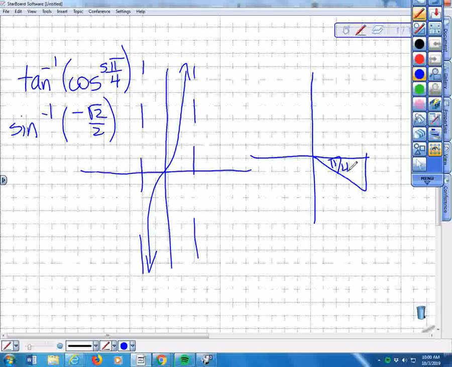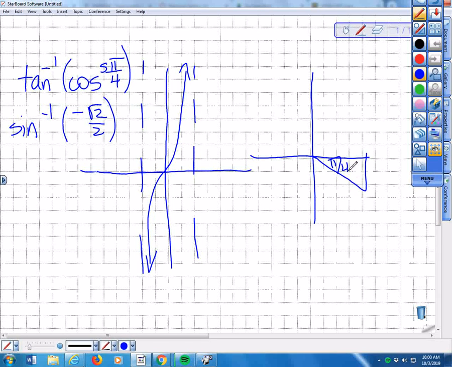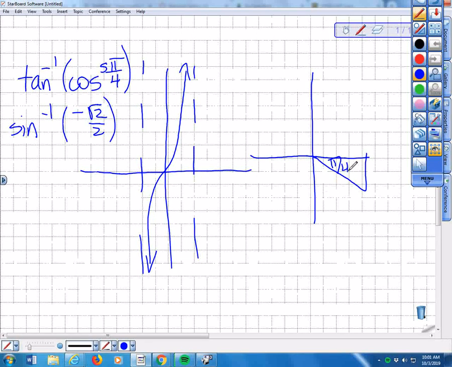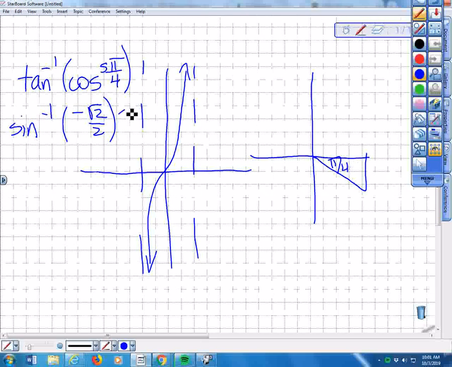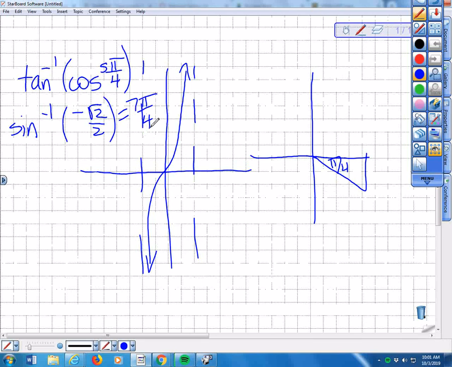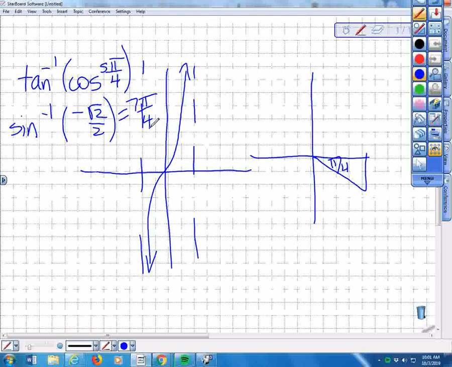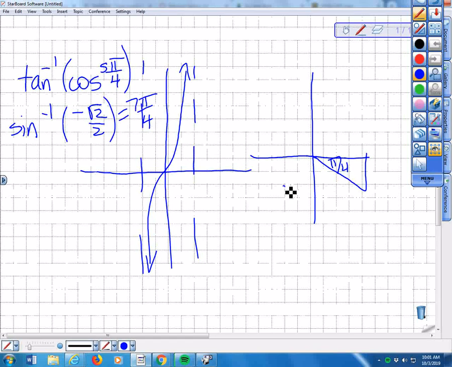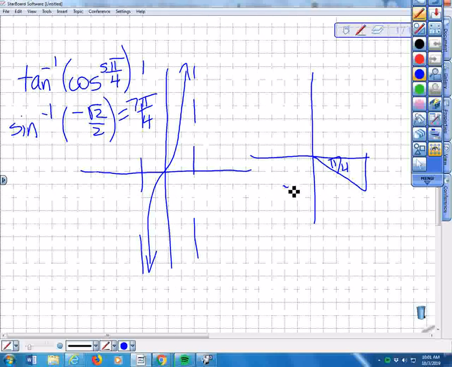What is that angle without using a negative? 7 pi over 4. Okay. It technically can be negative square root of 2 over 2 here, but that's not in the domain restriction for sine. So this is your only answer.